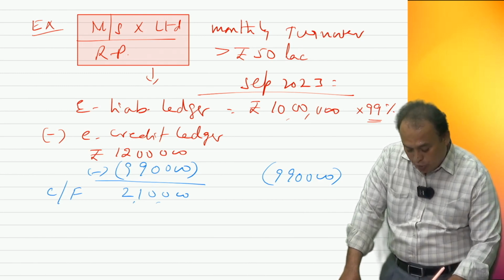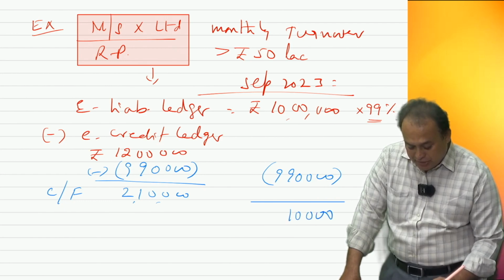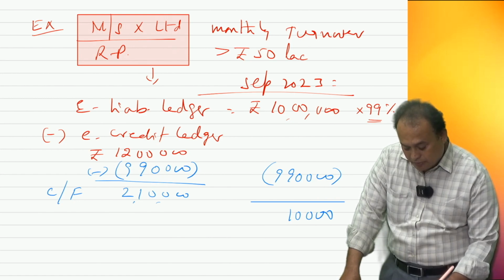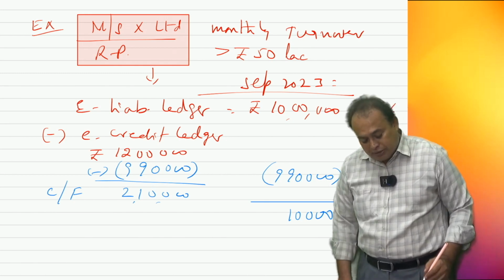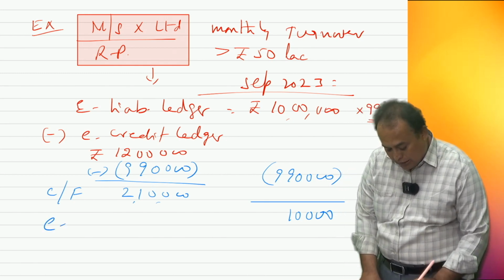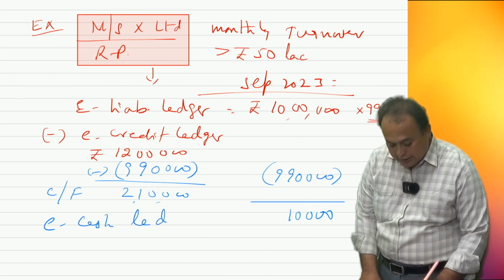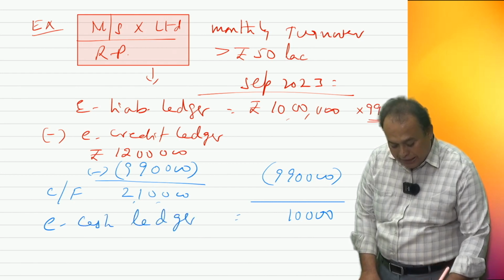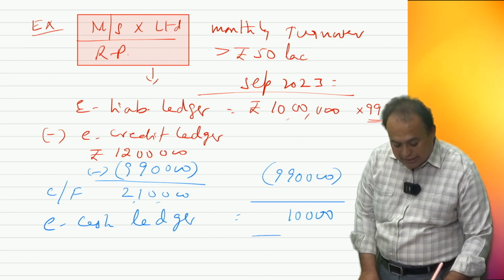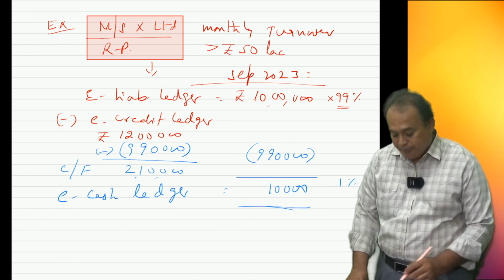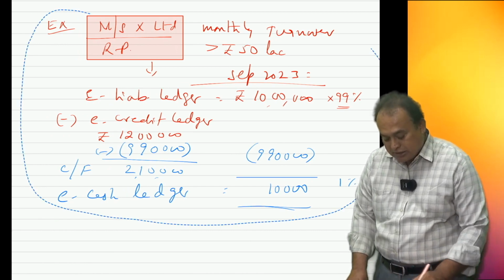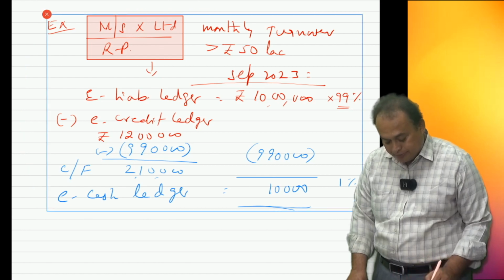So now you have to pay 1% here. How much comes here? 1% is 10,000. So pay through the electronic cash ledger a minimum of 1%. Your output tax liability, you should pay a minimum of 1% through the electronic cash ledger.